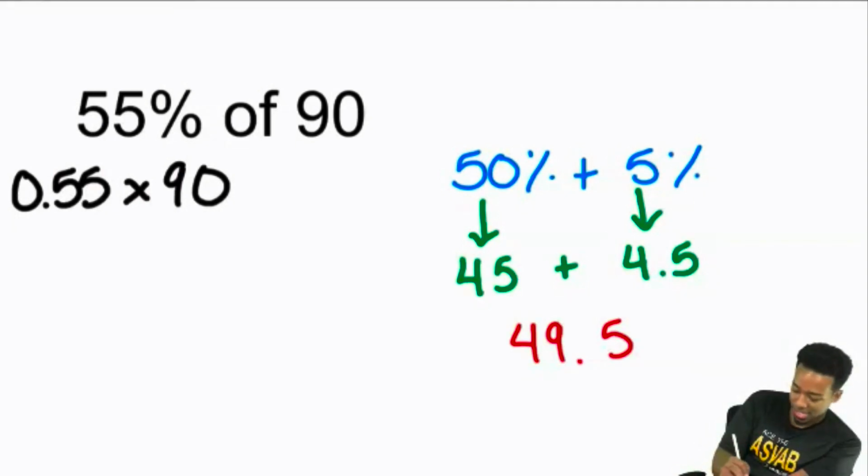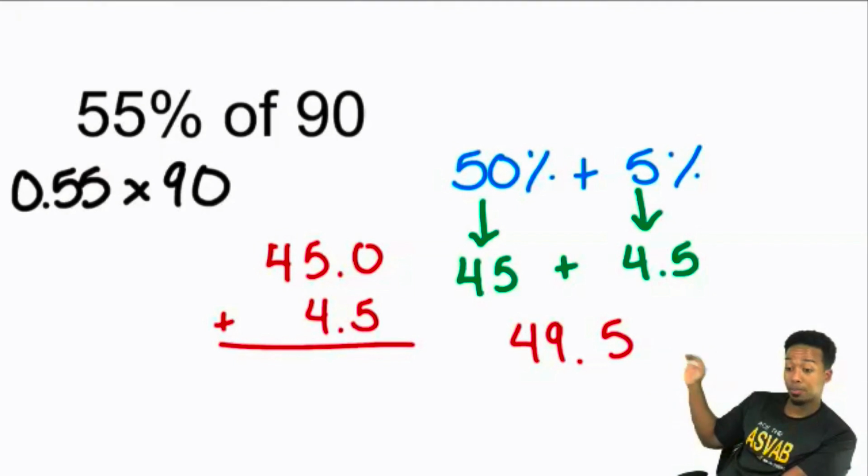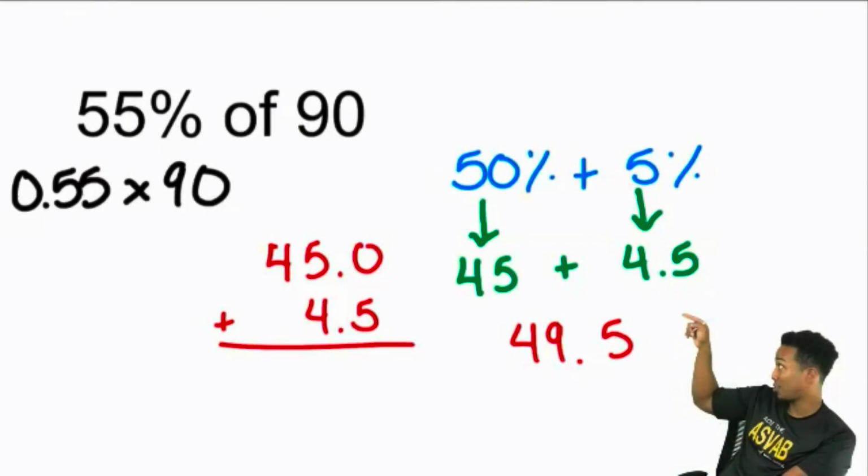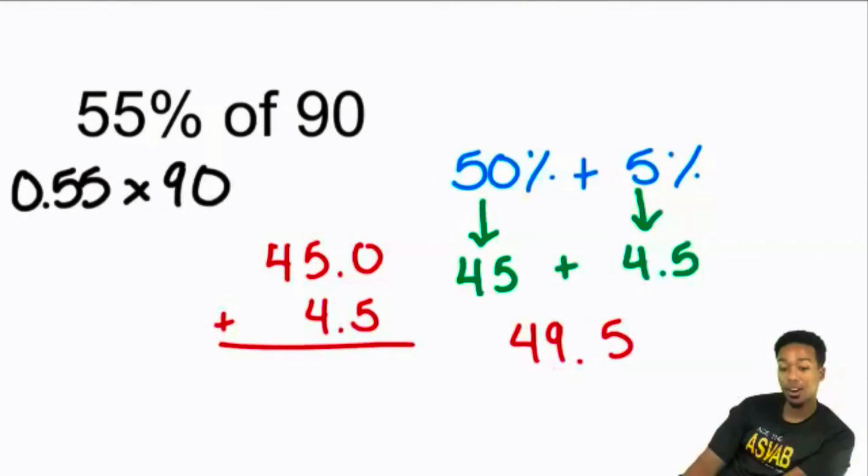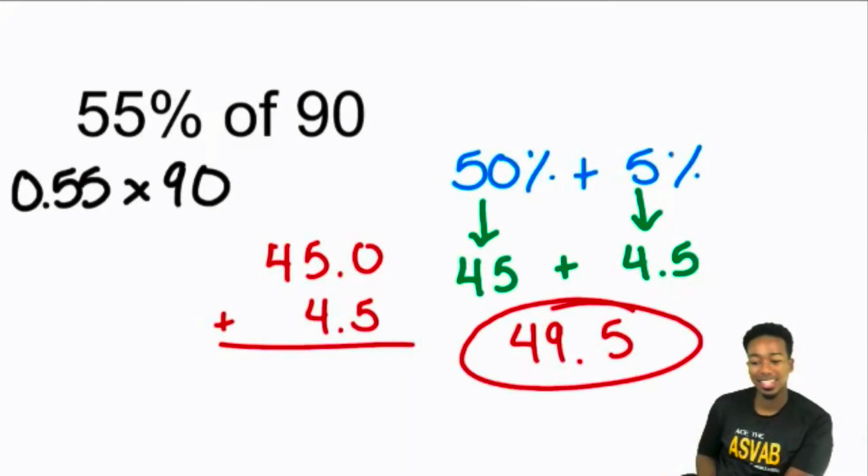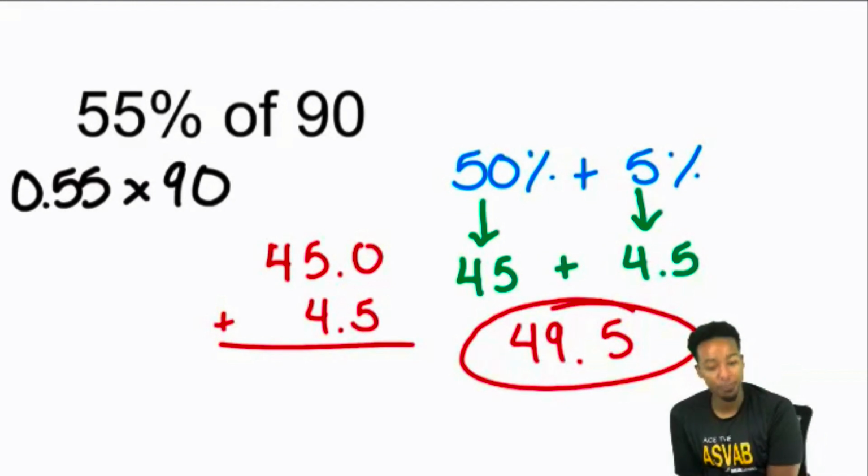Think of it like 45.0 plus 4.5. But with mental math, you can get that done lightning fast: 45 plus 4.5 gets you 49.5, and boom, you're good.